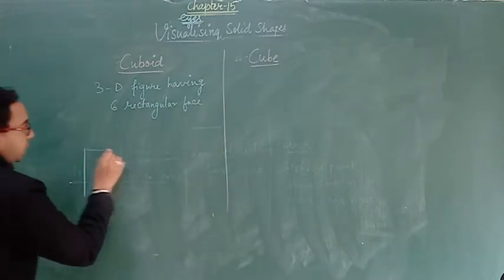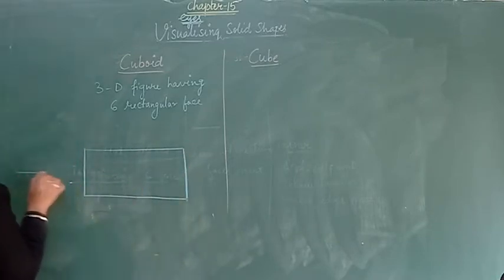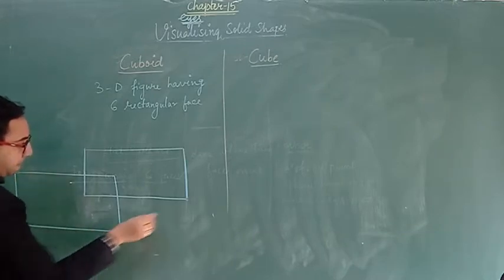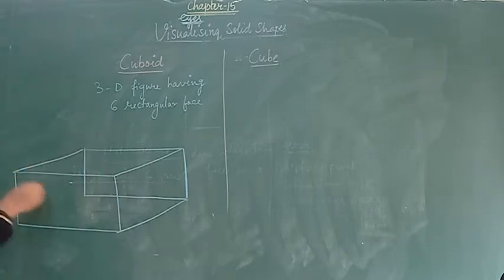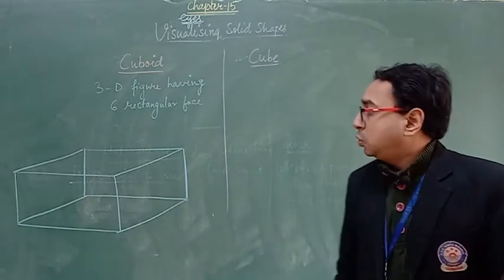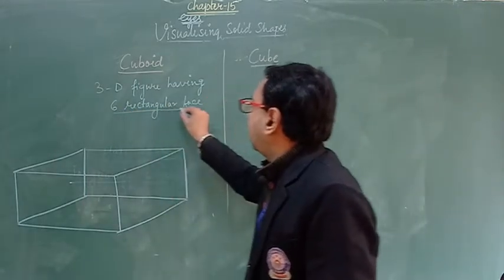Let's observe the cuboid. 1, 2, 3, 4. This is a perfect example of a cuboid. Yes or no? Why am I saying 6 rectangular faces?